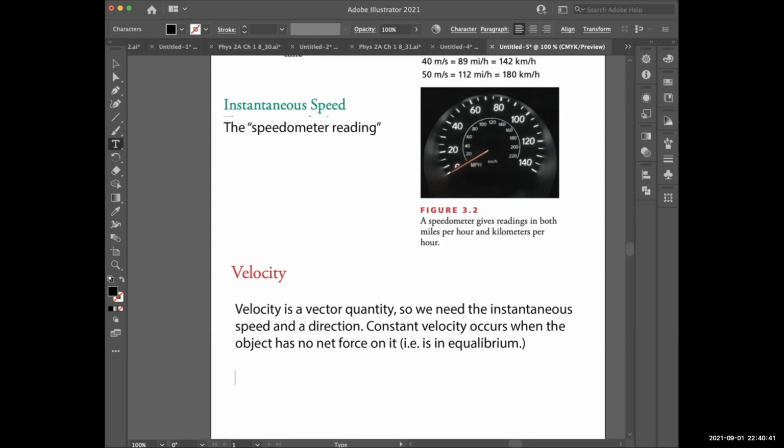So velocity could change if the speed or the direction changes.